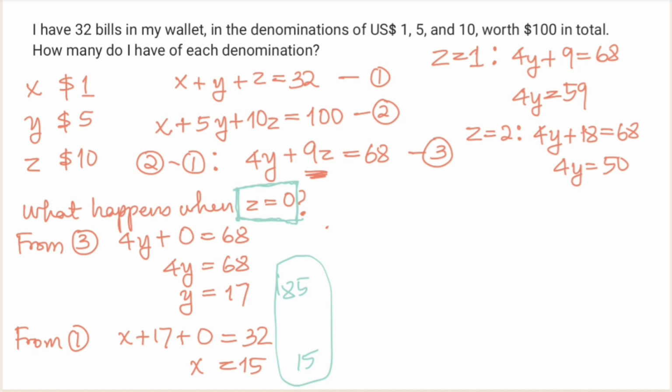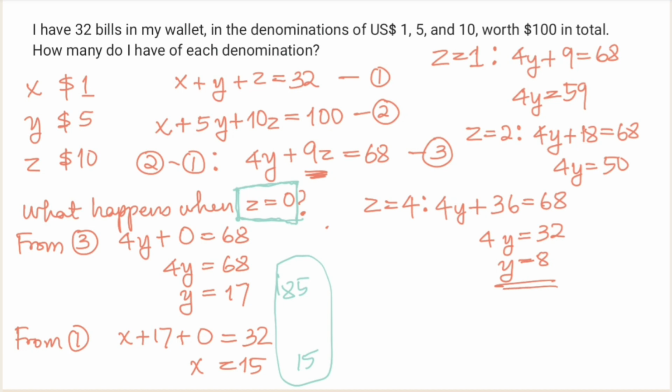So z equals 3 is not working. Z equals 4 gives us 4y plus 9z, which is 36, equals 68. So 4y equals 32. So y equals 8. So when z equals 4, we get y equals 8.